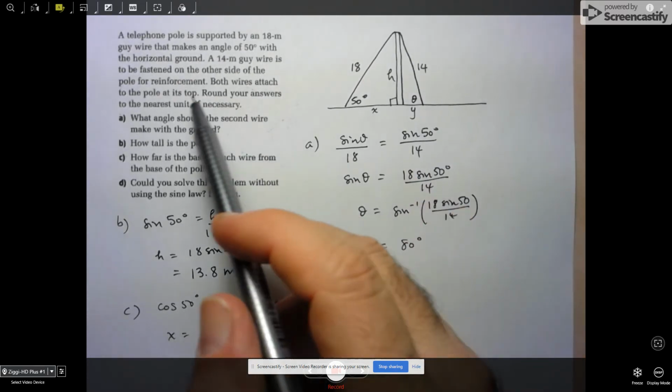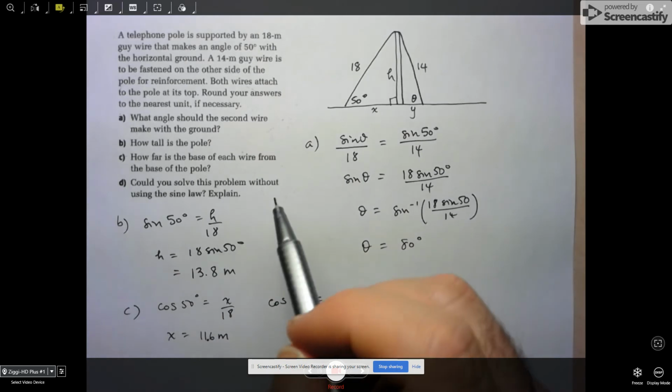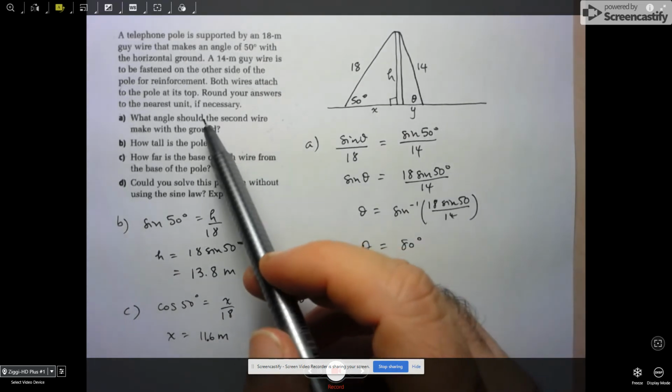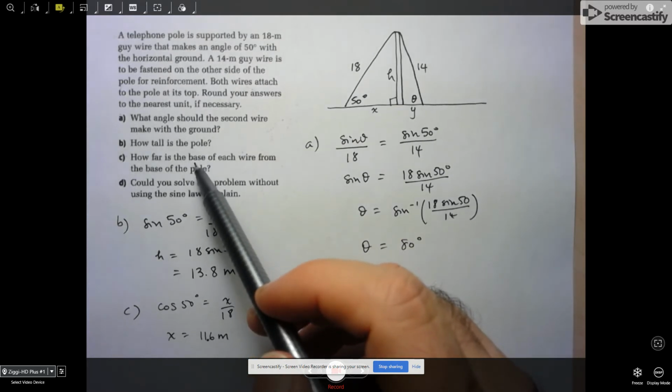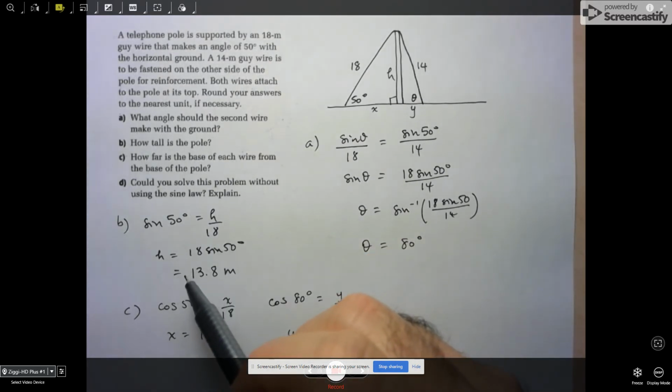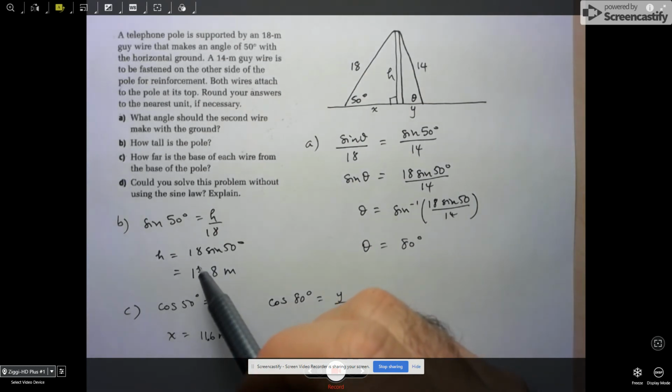So could I solve for all of these things without using the sine law? Yes. Could I have done it in the order in which they gave it to me? And the answer is no. So it's not clear exactly what they mean. So I suppose there's a double answer here depending on what they mean by solving this problem.